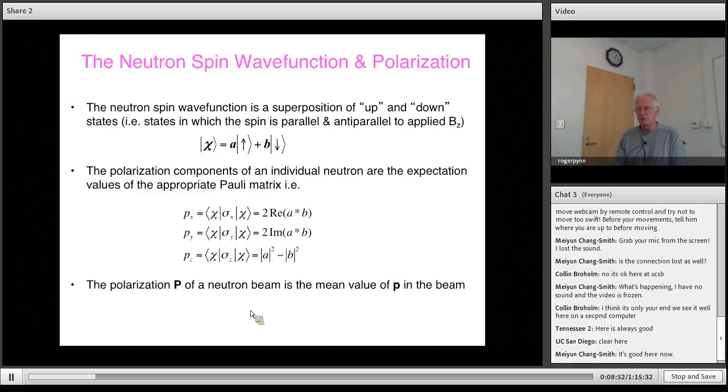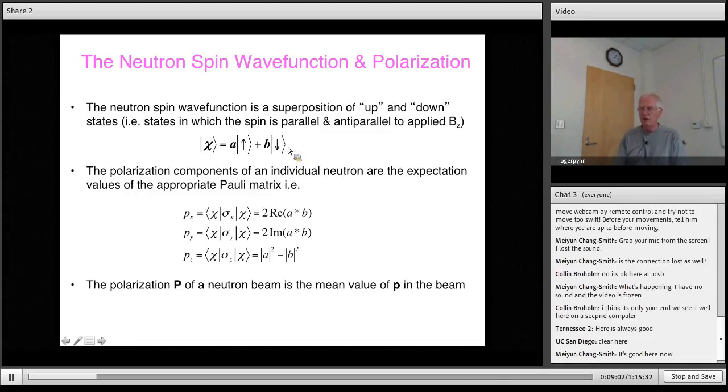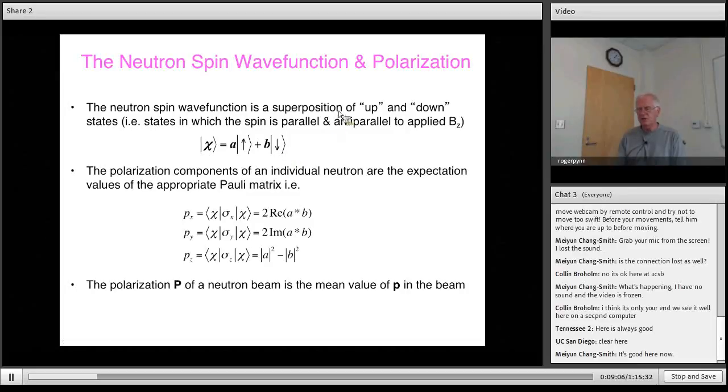Of course, you can write the neutron spin wave function as a superposition of these two states that I wrote on the blackboard as vectors, the (1, 0) and the (0, 1) vectors. Those two states tend to get called the up and the down states.